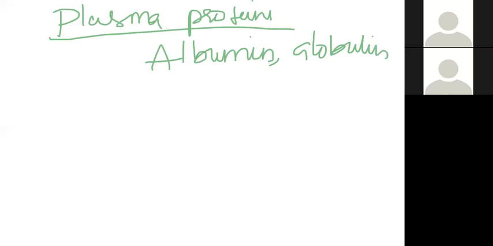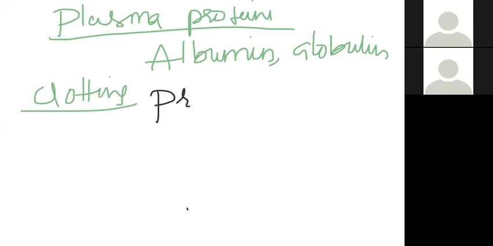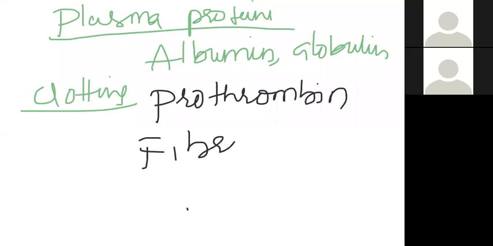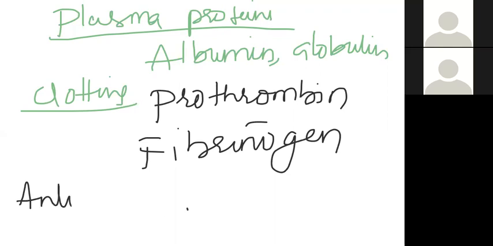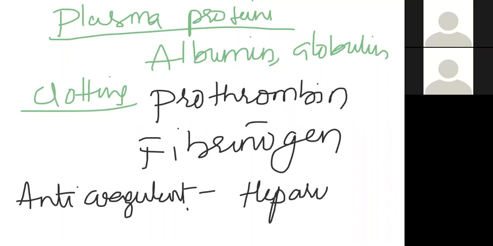Those helpful for clotting we call prothrombin and fibrinogen. These are helpful for blood clotting. In the plasma, prothrombin and fibrinogen are present. An anticoagulant is also there, which works against blood clotting. So what do you say it as? Heparin.